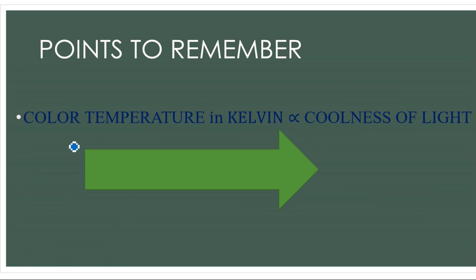So this is a take-home message. You can see the arrow, this one. As the color temperature in Kelvin increases, the coolness of light increases. It is directly proportional to the coolness of light. If the color temperature in Kelvin decreases, the coolness of light will also decrease, meaning it will get warmer, right?